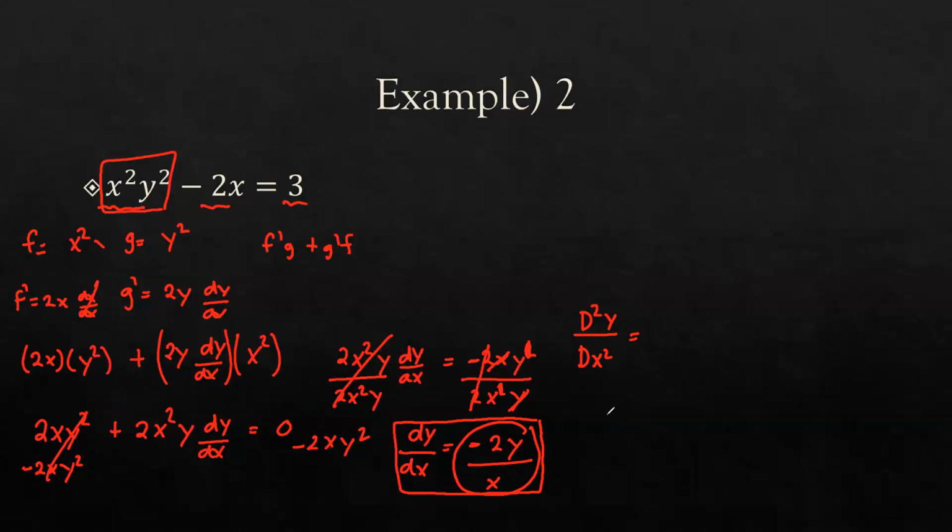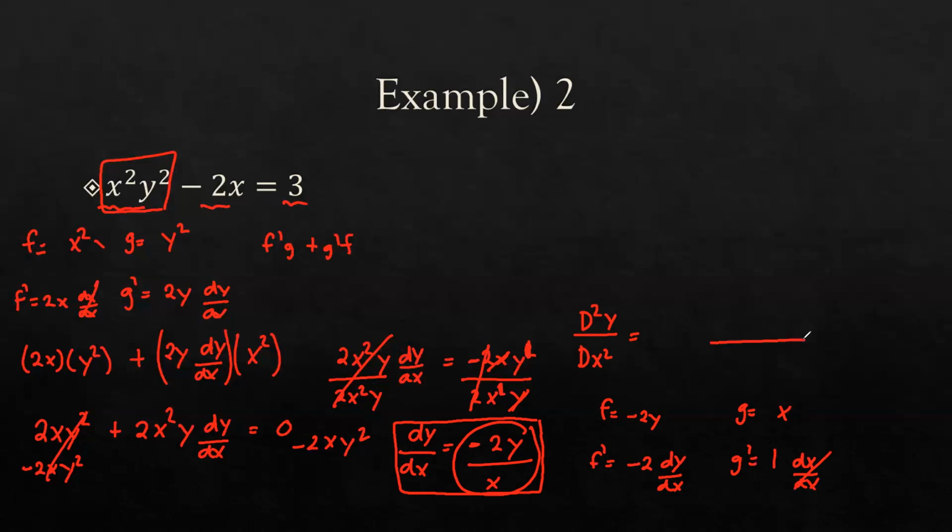My f is negative 2y. F prime with respect to x is negative 2, and you do have to add that dy/dx. And then g is x, g prime is 1, because with respect to x, it's dx over dx, which really becomes 1.